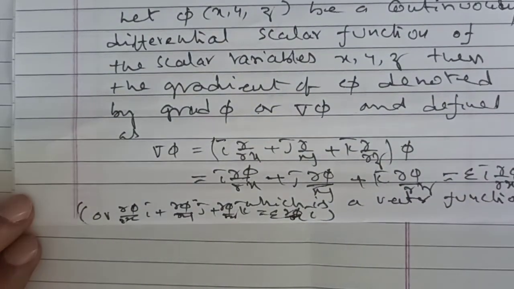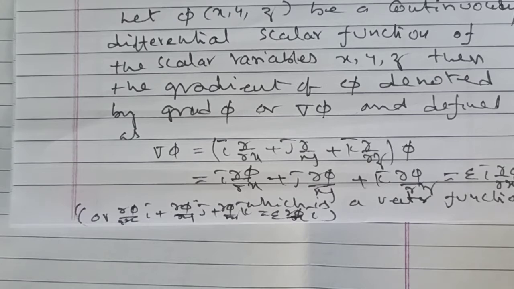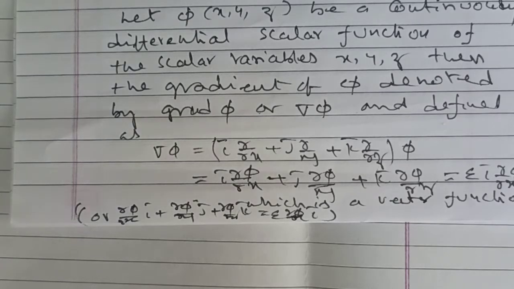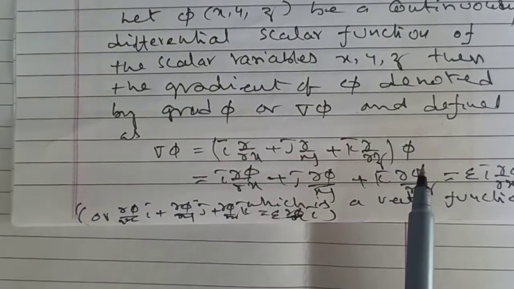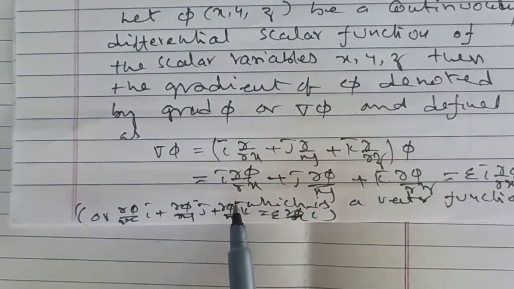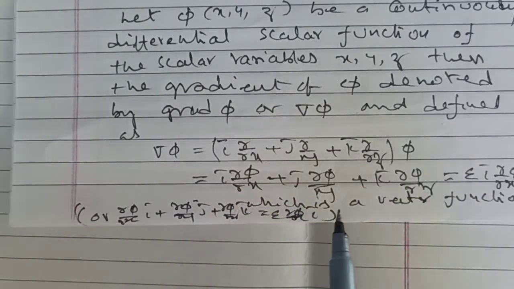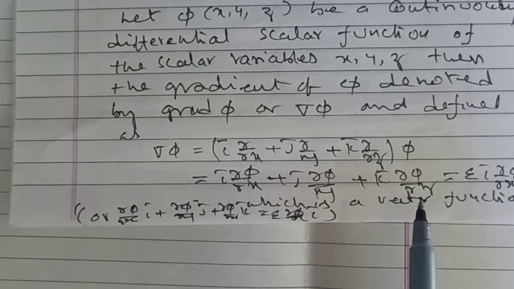So it is very simple. We can write del φ, that is grad φ, as we defined it: del, then φ applied inside, it is I bar ∂φ/∂x plus j bar ∂φ/∂y plus k bar ∂φ/∂z.